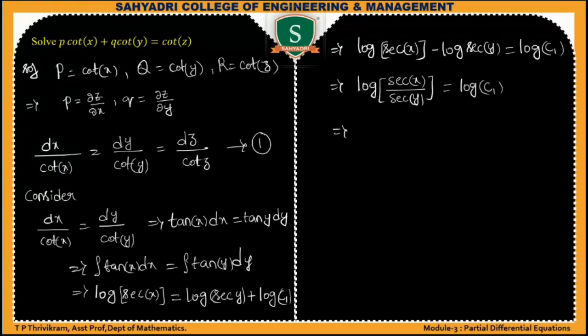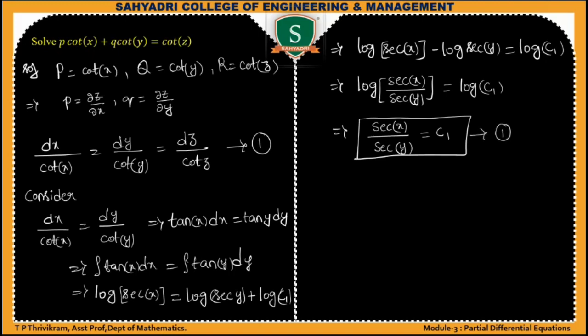Implies, what happens? Sec x divided by sec y is equal to c1, you can write. Take this as equation 1. This is one of the solutions.